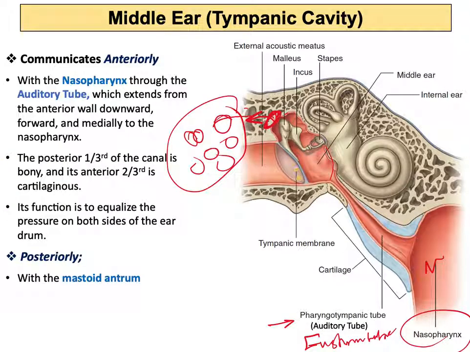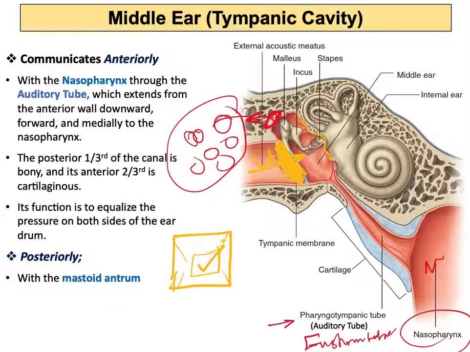To understand this figure, I would show you this again. You are removing the eardrum, right? And you have a look here into the middle ear. So this is the middle ear, which is like a box, right? It's like a room, right? Now this is the lateral wall of this room. We removed it, the eardrum. And if this is the lateral wall, of course, this is the medial one, this one.